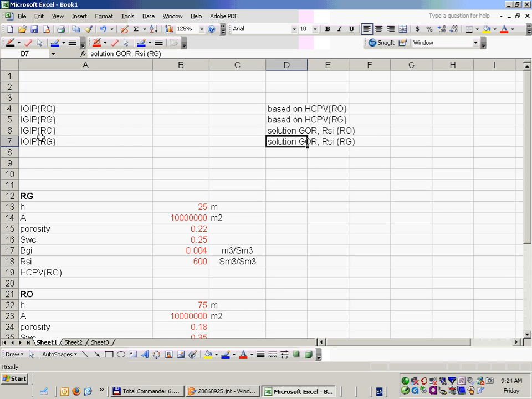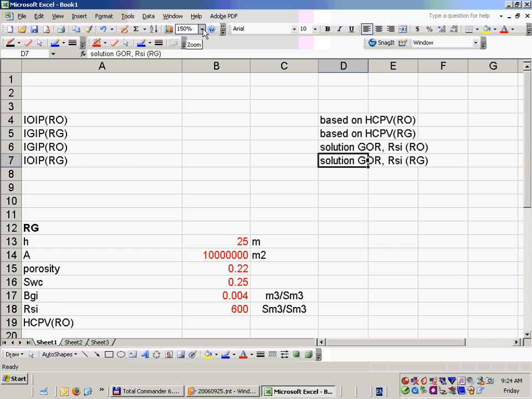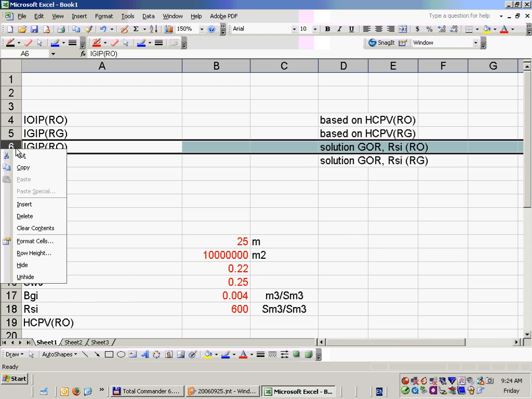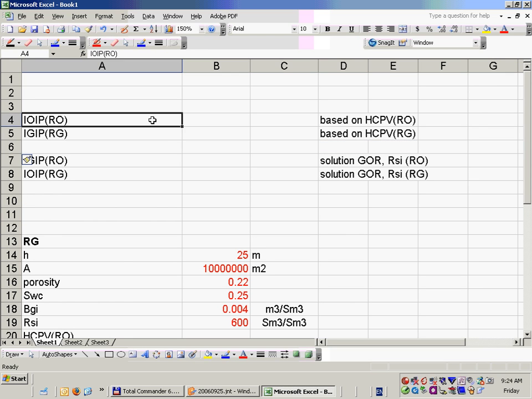I thought it was big enough, but here I'll try to make it bigger. Is that better? Okay. I'm recording this, so if you want to go back and follow it, you can. The point is that we're going to get 2 initial oil in places, 2 initial gas in places. But the first one we calculate is based on hydrocarbon pore volume. So that's these 2 here. Calculate these first.